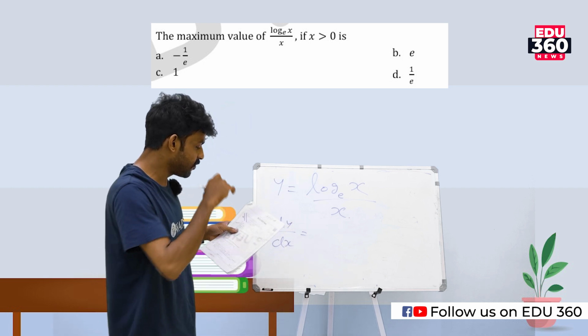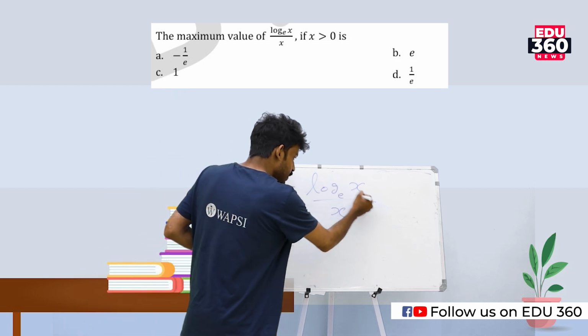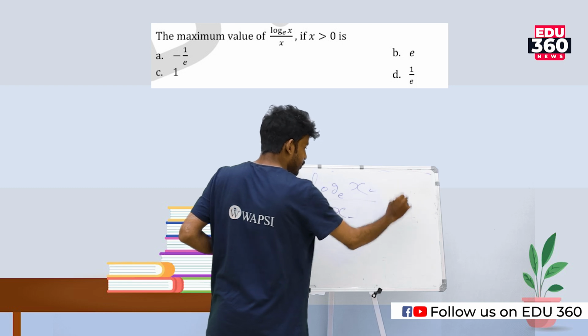What is the quotient rule? Here it is x and here it is x.